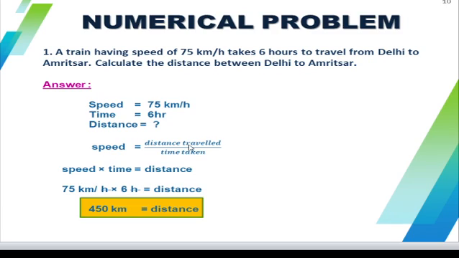Speed into time gives distance. So substitute the values: speed 75 km per hour into time 6 hours. Hours will be cancelled, the remaining values multiply, and we get 450 kilometer as the distance.